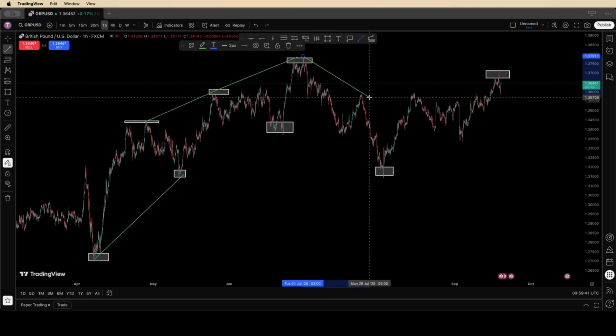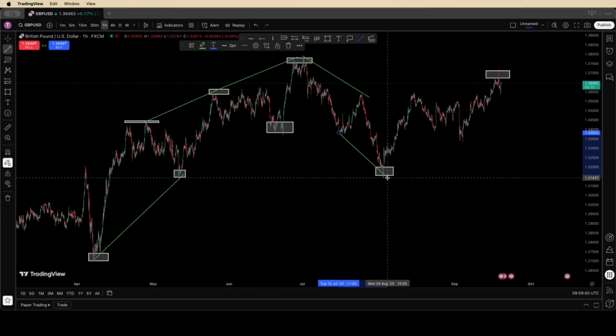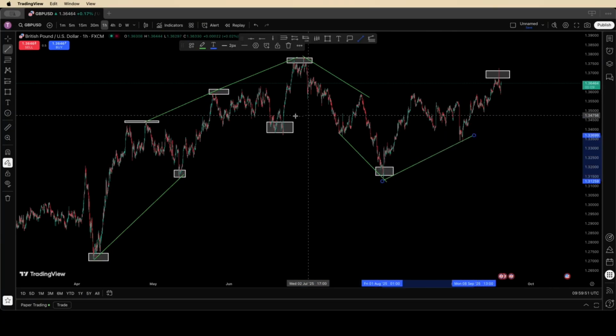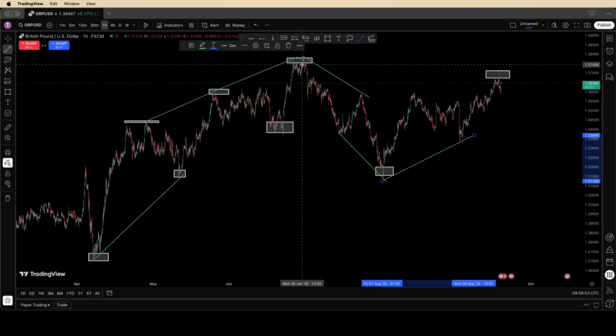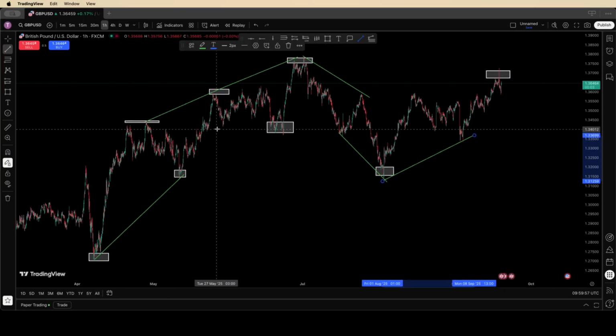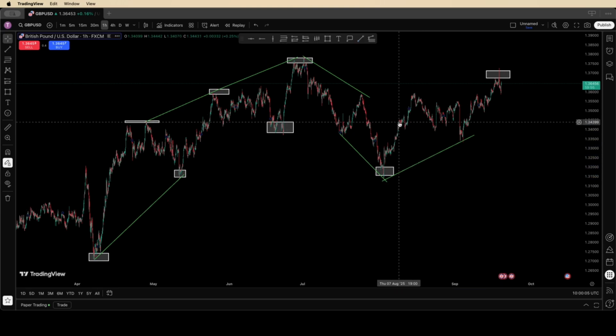Suddenly it dropped. And then this low is above this low, so it's not that significant. So it's turning into a range market now, because you see the lows here are just similar. So this is something you want to avoid.